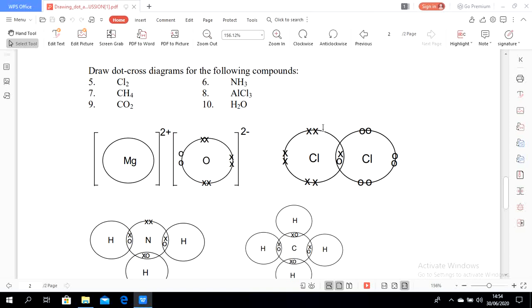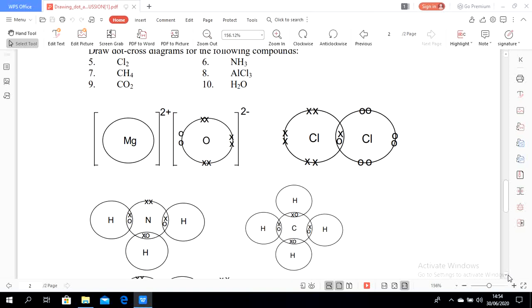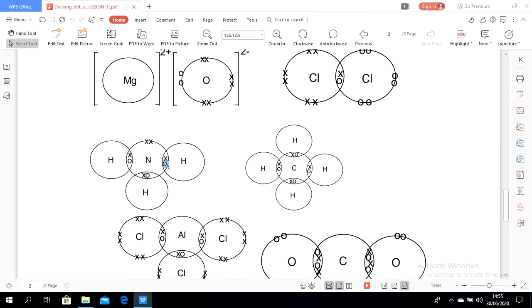1 dot, 1 cross. And then for NH3, ammonia, there are 3 bond pairs and 1 lone pair, as we studied last time about VSEPR.